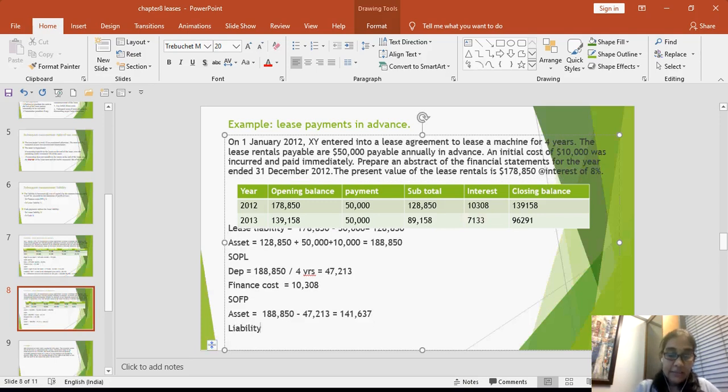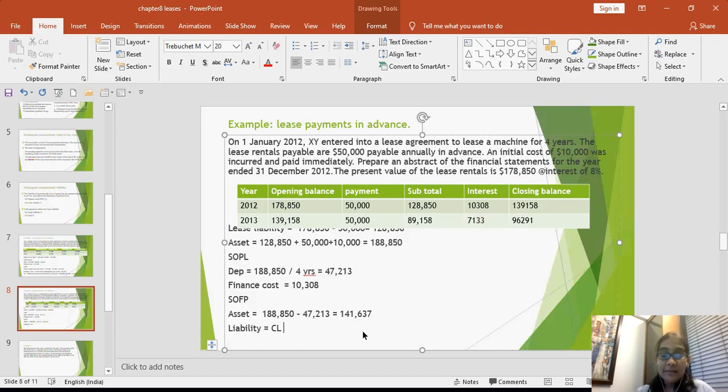Then the liability. Now in this case, for the current liability, you will not use the same equation, the difference between the closing balance of the two periods. Here it is clearly seen that a payment of 50,000 is due immediately after the closure of the first year, right?